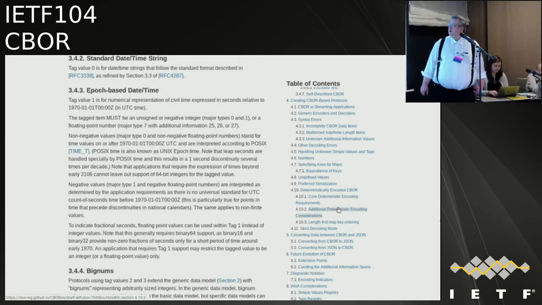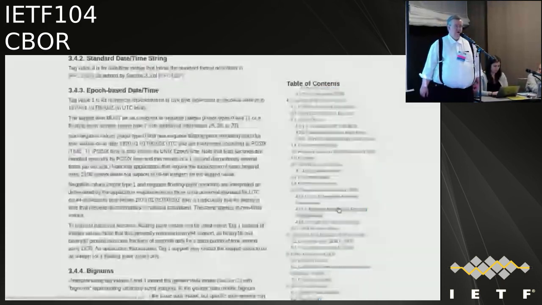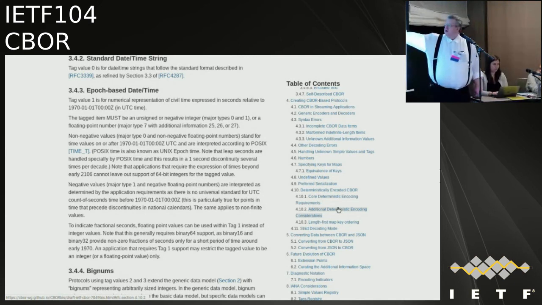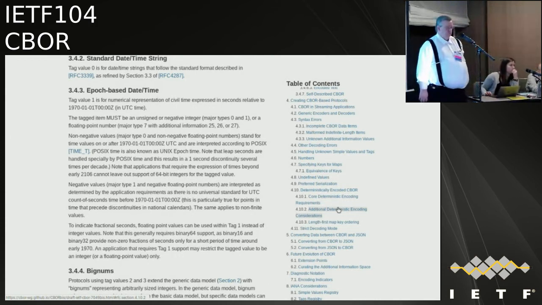Because the core deterministic encoding requirements are a term that you're supposed to use in another definition, and then it's just defined here using some musts. So I could imagine pulling out 4.9 and 4.10 and putting them in their own section. Okay. Maybe even in front of the existing section 4.